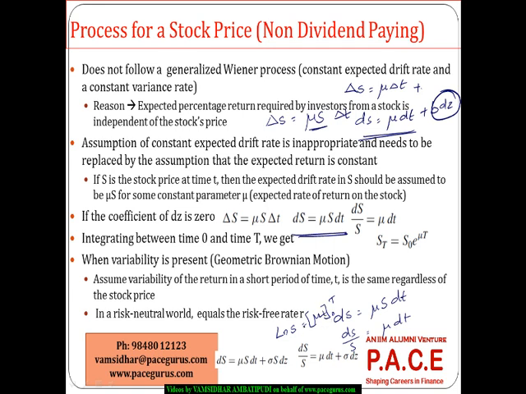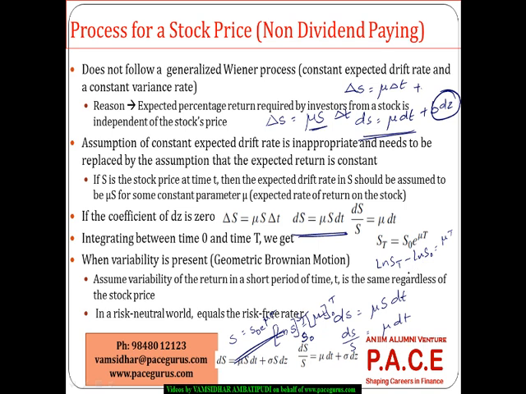So this is mu t integrated over t and 0. So it is coming out as S is S naught times e power mu t. The differential equation for this: log S again is integrated between S and S0, so it becomes log St minus log S0 is equal to mu t.